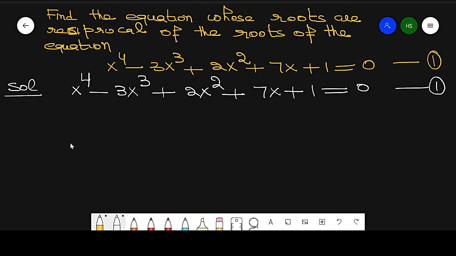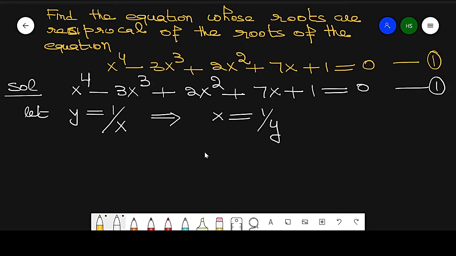Now here we will apply the transformation y is equal to 1 by x, because we require an equation whose roots are reciprocals of the previous equation. Then it implies x can be written as 1 by y. Now substitute the value of x in equation number 1.